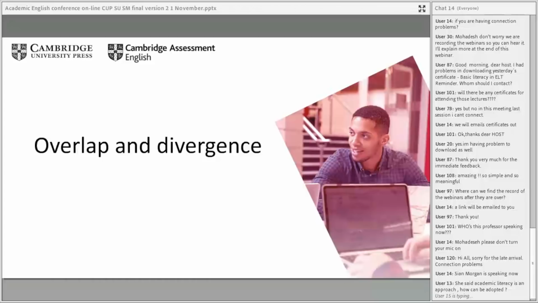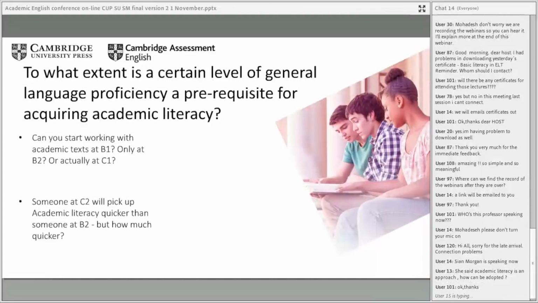So this notion that a threshold of language proficiency is necessary for university study is also reflected in the fact that admissions criteria for international students who want to study through the medium of English are often specified at a certain language level. So, to what extent then is a certain level of language proficiency a prerequisite, and what kind of level is needed?